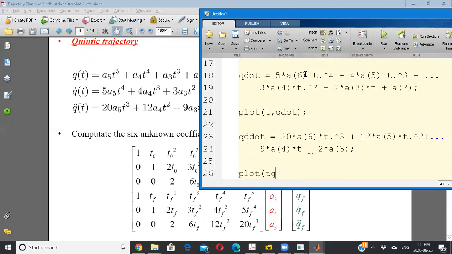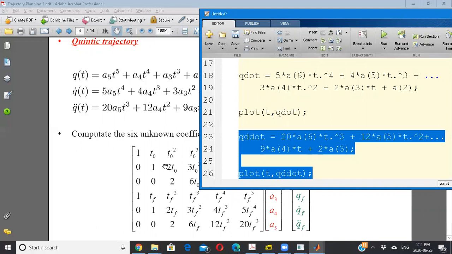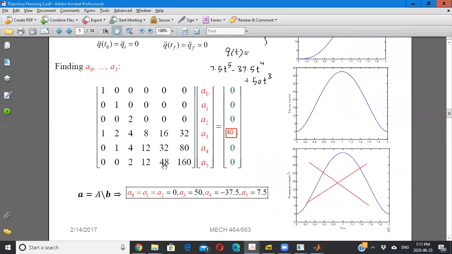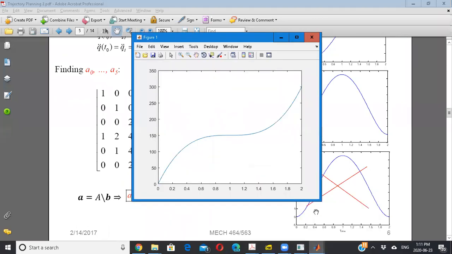Plot T, Q double dot. So now this will give you the acceleration plot, which is here. That was the only mistake.